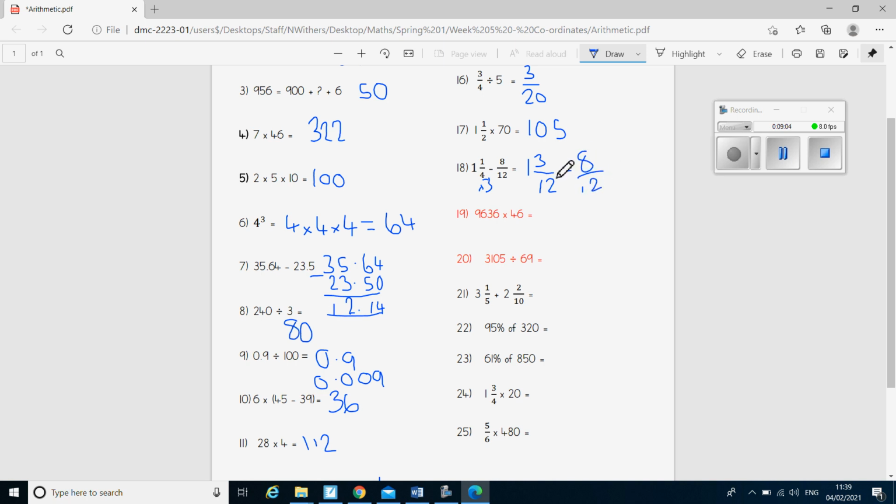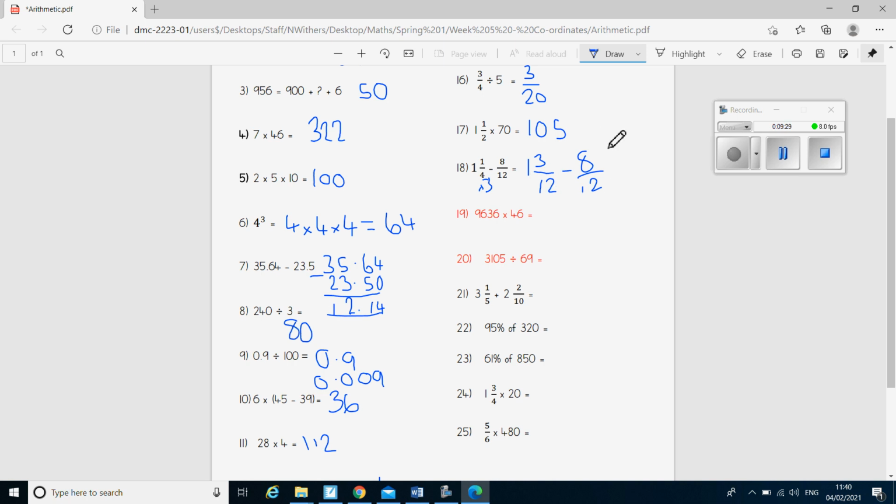Right, I'm probably still struggling here. 1 and 3/12 take away 8/12. I still can't really do that. So I need to convert this into an improper fraction. Remember, to convert from a mixed number to an improper fraction, we times the whole number by the denominator and then add the numerator. So 1 times 12 is 12, add 3 gives me 15/12.